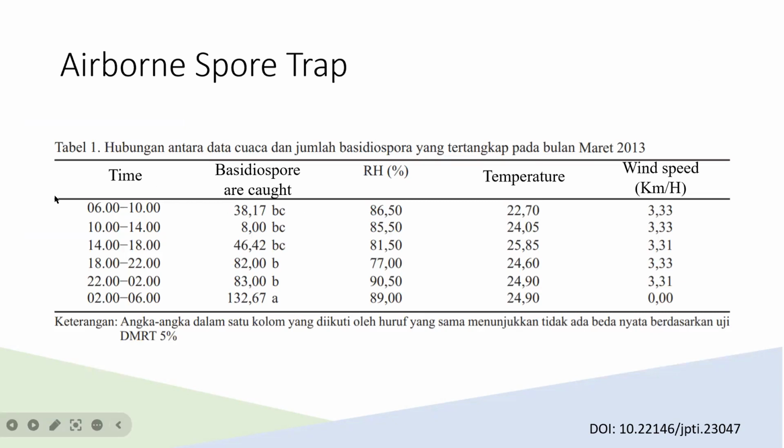We can make an interesting observation. When we do a spore trap at 6 a.m., 10 a.m., 2 p.m., 6 p.m., 10 p.m., or 2 a.m., we can see a difference in the basidiospores caught in the trap. In the night, from 2 until 6 a.m., there are a lot of basidiospores circulating in the air.